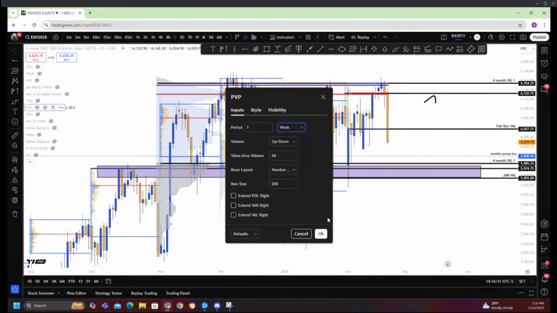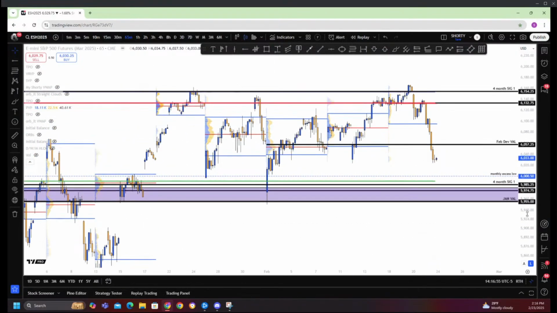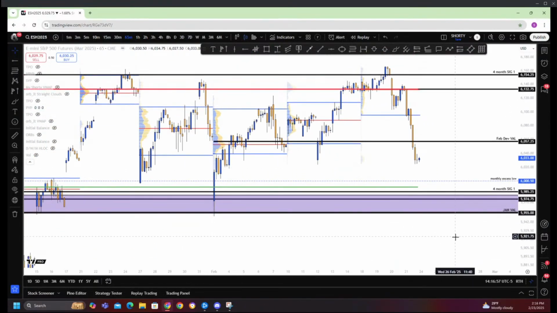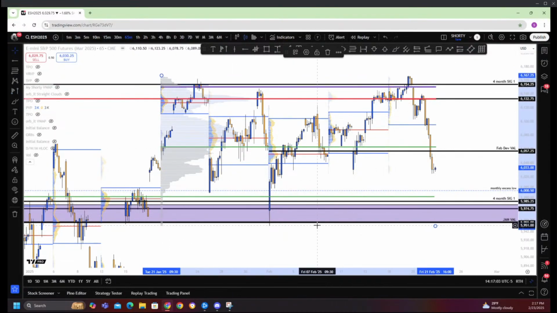And now if I switch it to weekly, change it to 65 minutes. Is there anything here that you guys should do? Is the market telling you anything here?